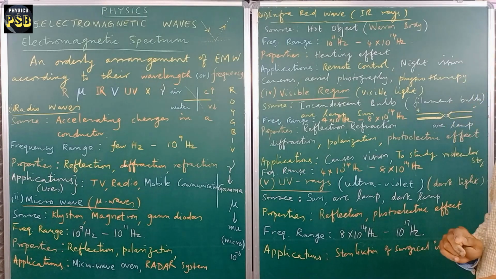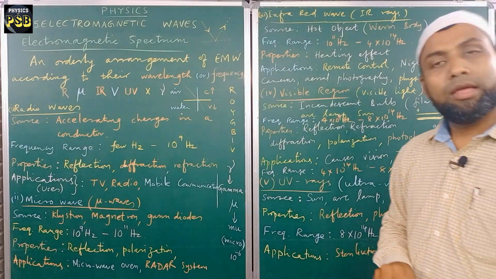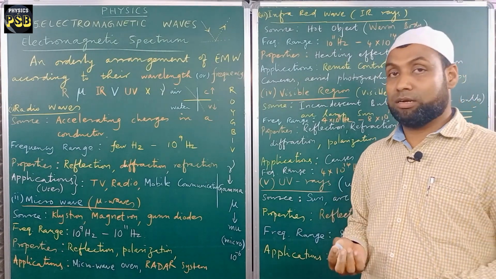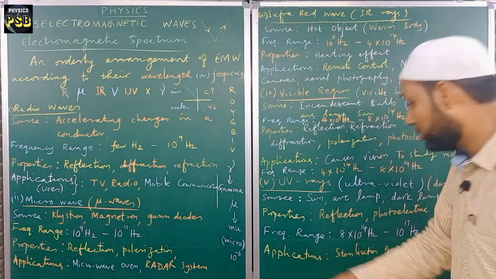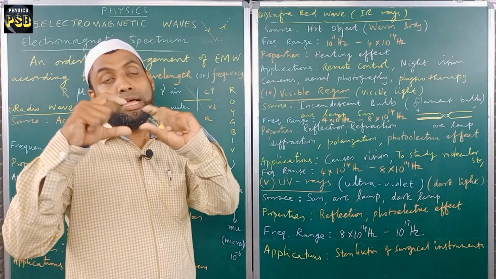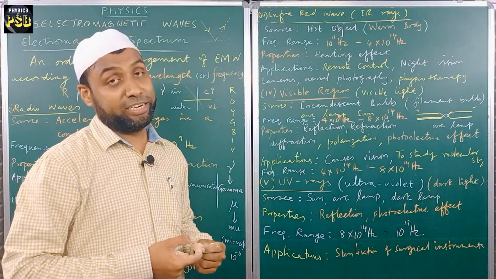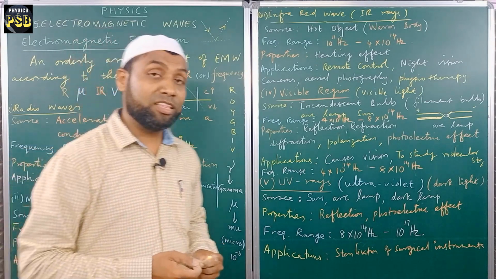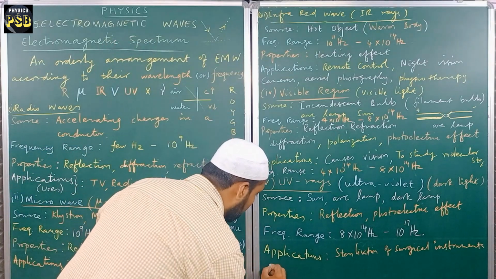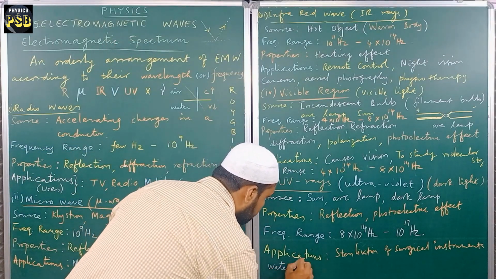Apart from this, it is also used in the purification of water. Like in packaged drinking water, you might have come across the words UV treated. Now, water is treated with UV rays to kill the germs present in it. Water purification.